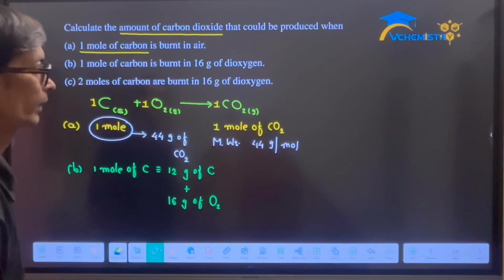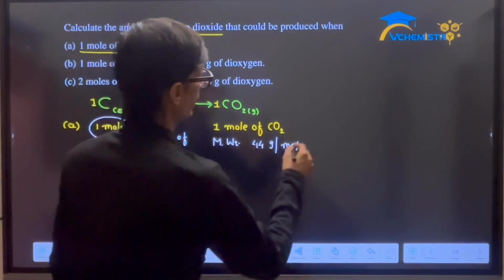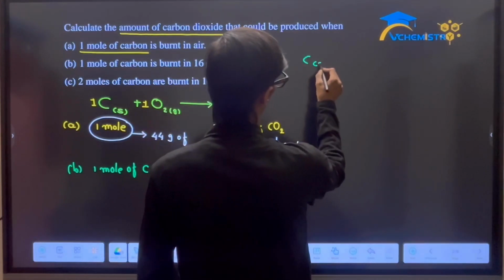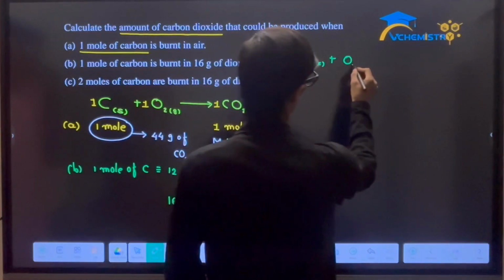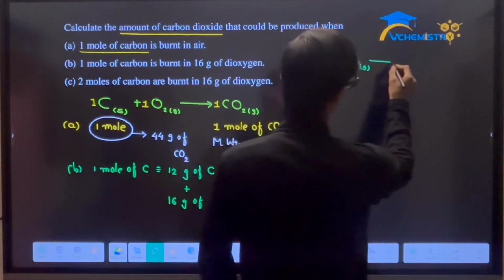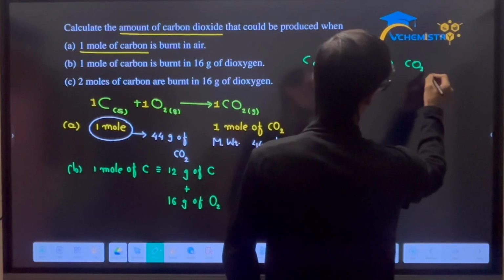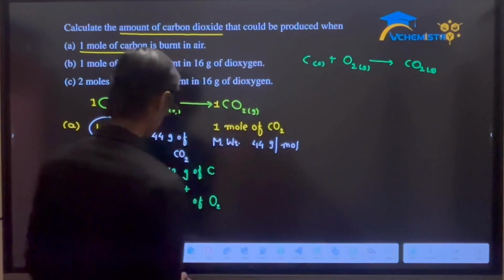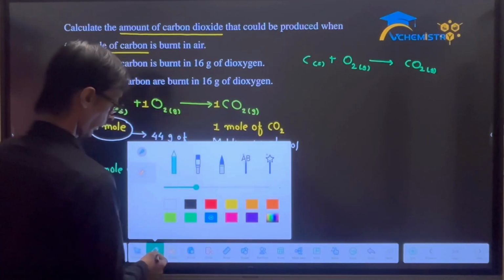How to find the limiting reagent? See, C solid plus O2 gas gives CO2 gas. Listen to me carefully, this is an important topic.